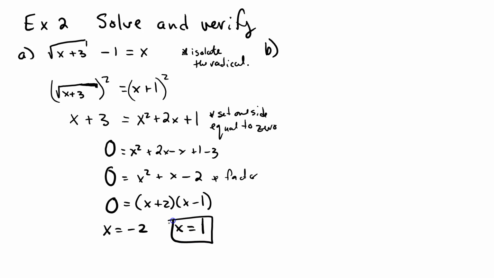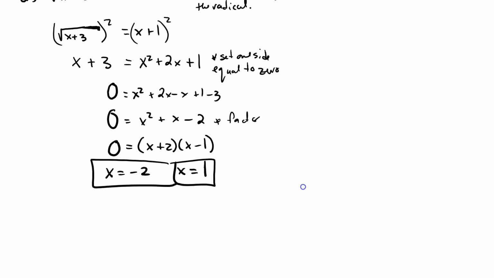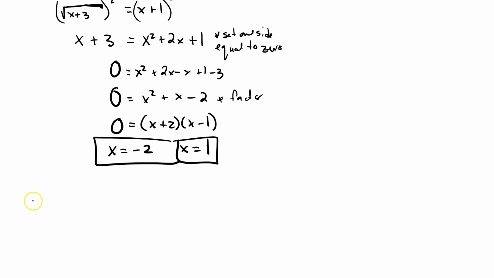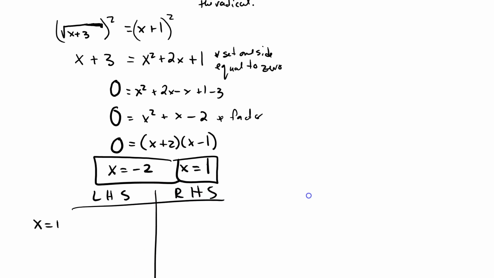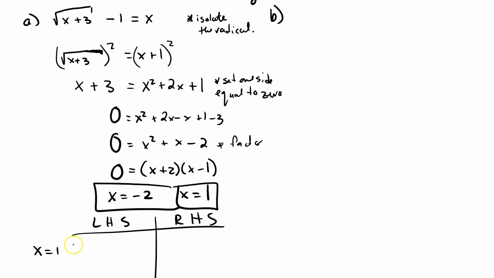Now, especially when radicals are involved, we need to verify our answers because extraneous roots can be created when we square radicals. So let's verify x equals 1 because that's easiest. Left-hand side, right-hand side. The original question here is the square root of x, which in this case is just going to be 1, 1 plus 3 minus 1.